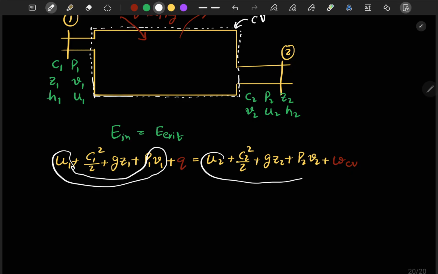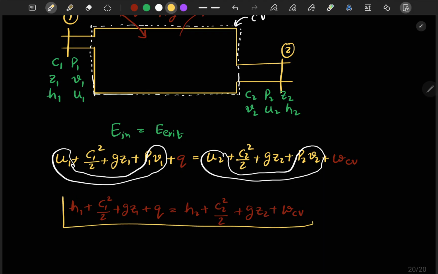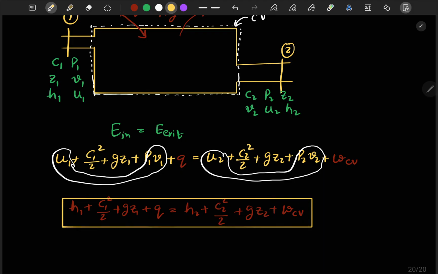In both cases there is the term u plus pv, so we will reduce it and write h1 plus c1 square by 2 plus gz1 plus q will be equal to h2 plus c2 square by 2 plus gz2 plus work done by control volume. This equation is called the steady flow energy equation.